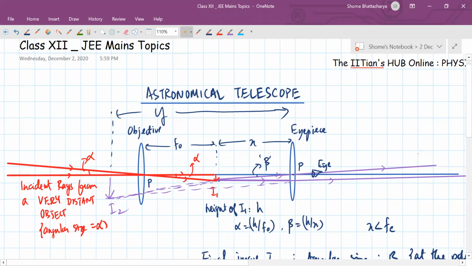Here you're considering the triangle made by the image I1 with respect to the pole of the objective for the first one, and the triangle made by the height of the image I1 with respect to the pole of the eyepiece for your second triangle. So that's how we are getting this. In a numerical situation, h will cancel out.